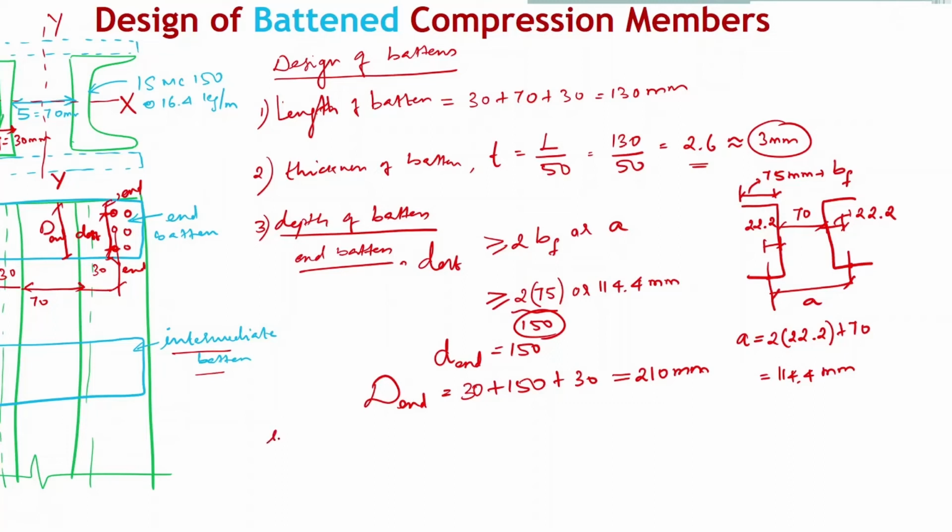And for the intermediate batten, the effective depth is greater than or equal to 2 times the width of flange or 3/4 A. Again, the maximum value is 150 mm.